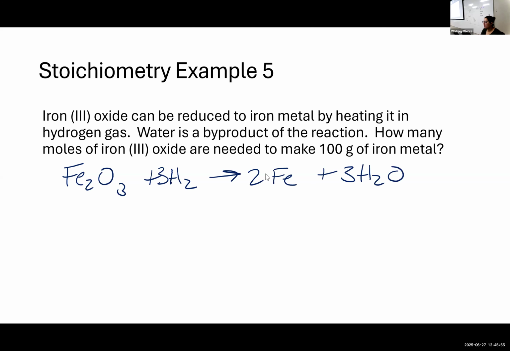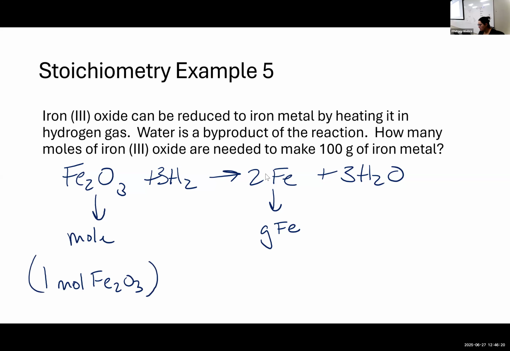Now, step 2, the equivalents that are important. How many moles of iron oxide? So I want moles of iron oxide, and they give us grams of iron metal. The two things that I need, the equivalents, are 1 mole of Fe2O3, and I can bring the number that's out front down.